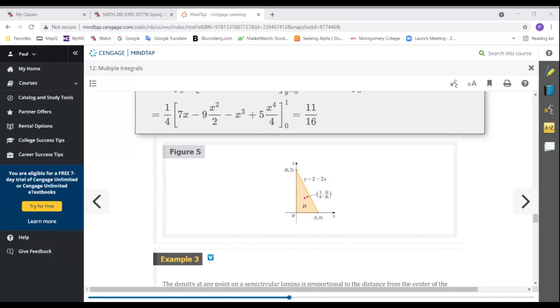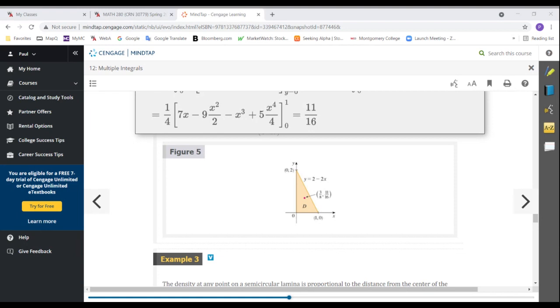Now the density function is equal to 1 plus 3x plus y. It's always easier, in my view, to intuitively verify the center of mass if you have constant density, because then it's just easier to think about where that lamina would be balanced. But here you don't have a constant density. The density in example 2 is 1 plus 3x plus y.